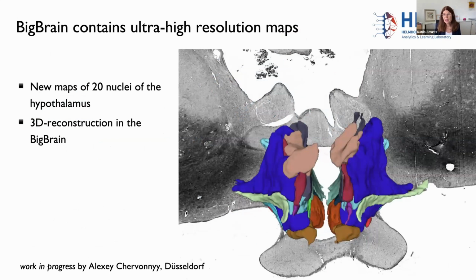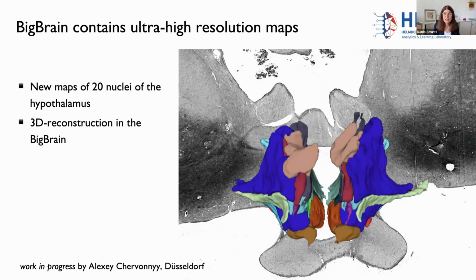This is another example of recent work, and Alexei is here, the owner of these very nice 3D maps of the human hypothalamus. Again, the human hypothalamus is also a kind of universe. It consists of very different nuclei that have a very specific connectivity and also a very specific function.